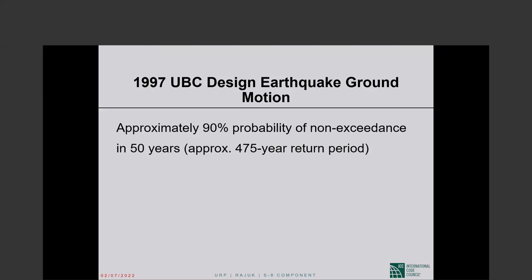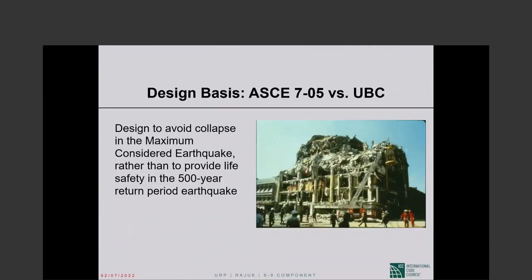So the 475-year return period ground motion was the design ground motion of the UBC, and we did our seismic design to ensure life safety in that earthquake. Okay? To ensure life safety in the 475-year return period earthquake.